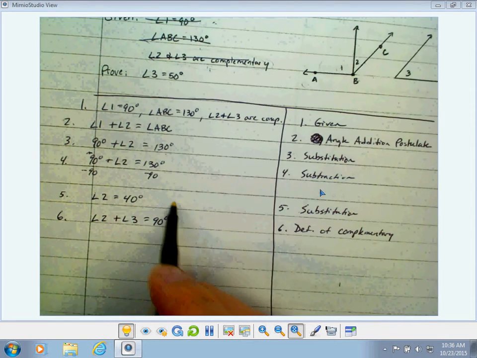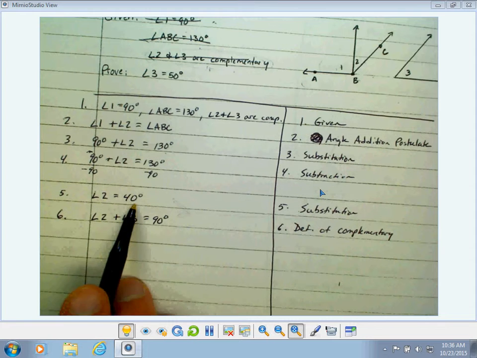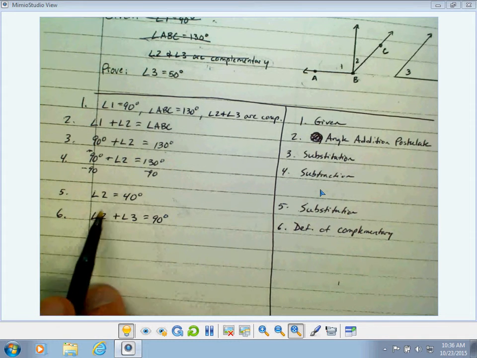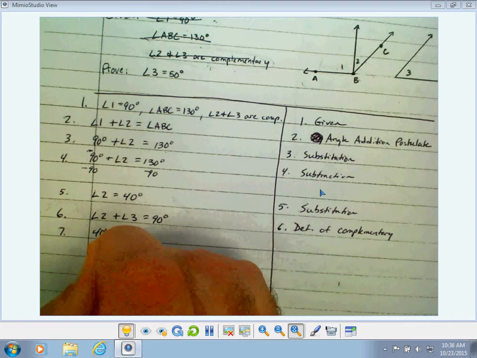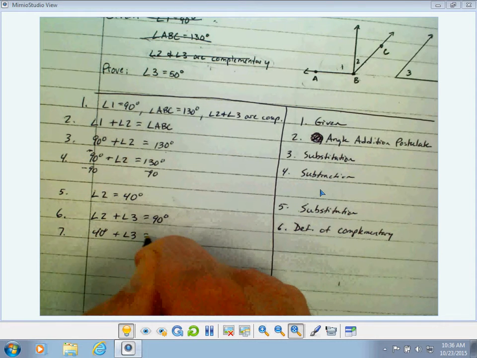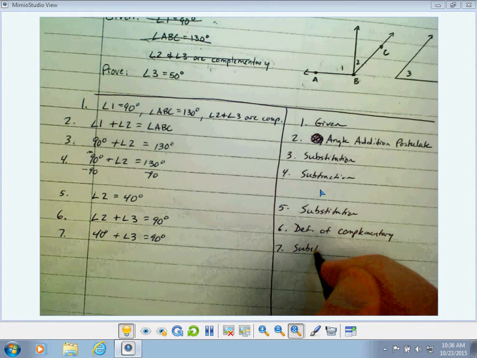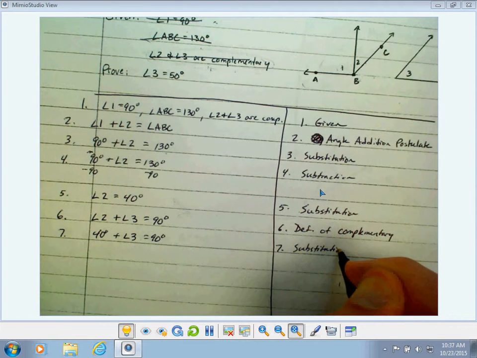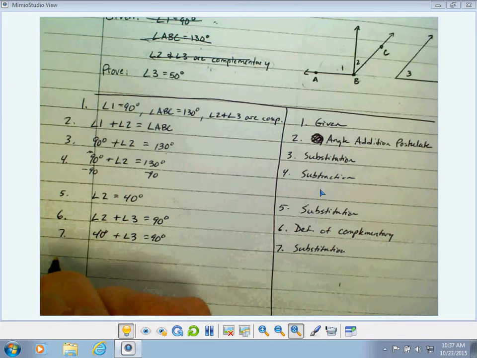But see, look at these two ideas right here. Well, I can say that angle 2 is 40. Well, if that's the case, I can take angle 2 out and put 40 in its place. So I'll put a 40 here. That's substitution. And now I want to get rid of that 40.